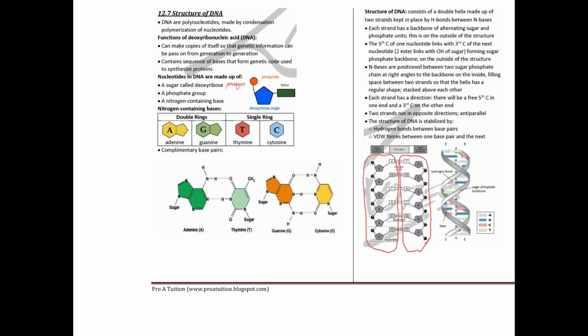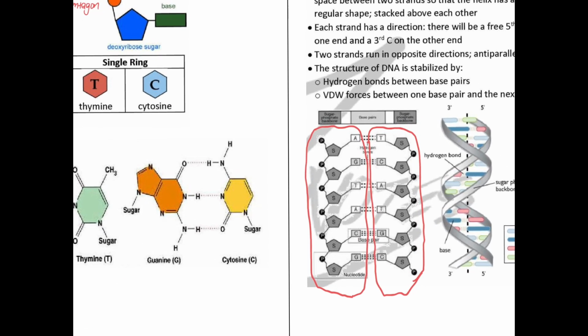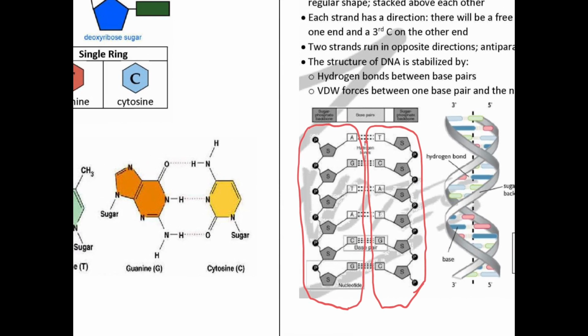And the other thing is, let me zoom in a little bit. As you can see, for adenine and thymine, there are two hydrogen bonds, 1 and 2. Guanine and cytosine have three hydrogen bonds to link them together. How I remember it is, if the letters are made of straight lines, as in A and T, we just need two hydrogen bonds to link them.